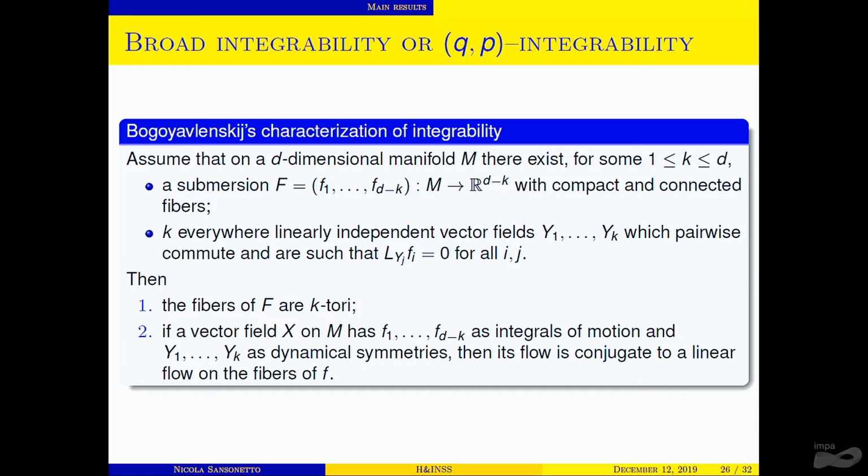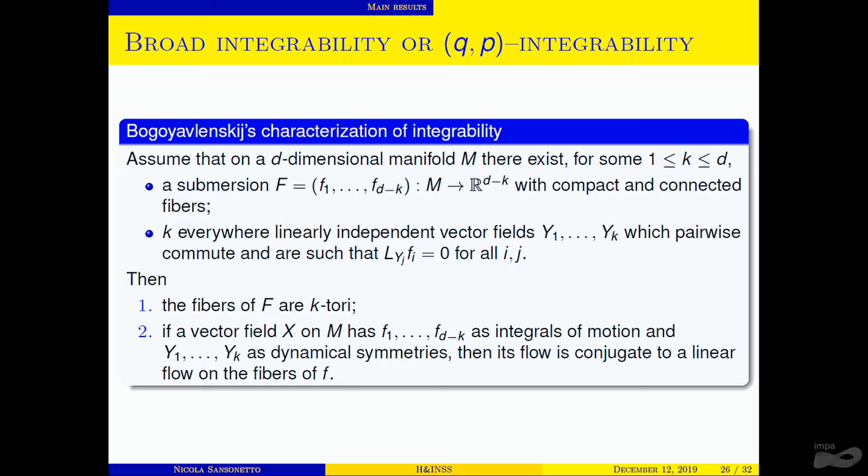We consider a d-dimensional manifold, and a submersion on this manifold onto d minus k, for some k less than d. We assume that the level sets are compact and connected. Then we also assume that there are k everywhere linearly independent vector fields, which pairwise commute, and that are tangent to the level sets of the submersion. If this is the case, then the fibers of the submersion are k-dimensional tori.